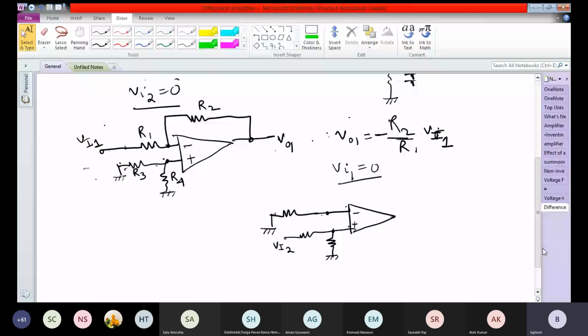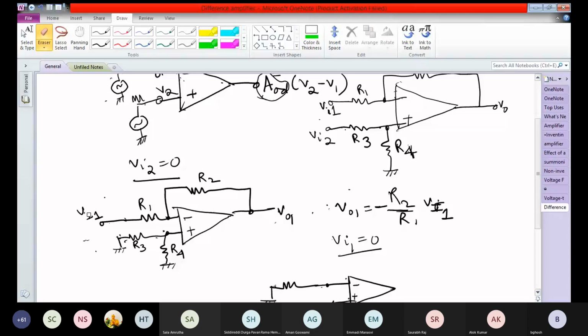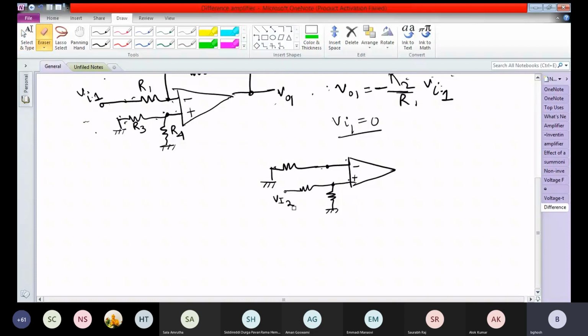Let's keep this as VI, so as not to mix up the symbols. This is R3, that is R2, and it is VO2.